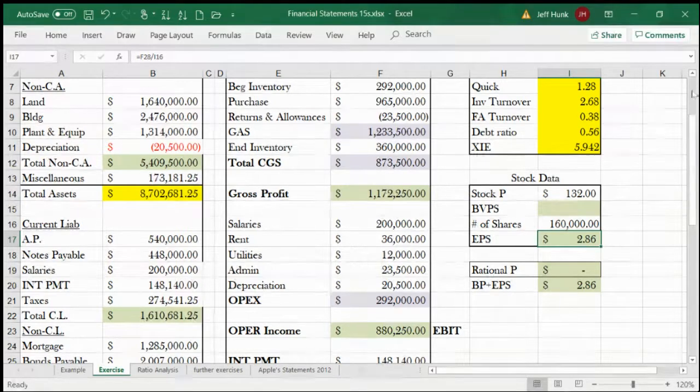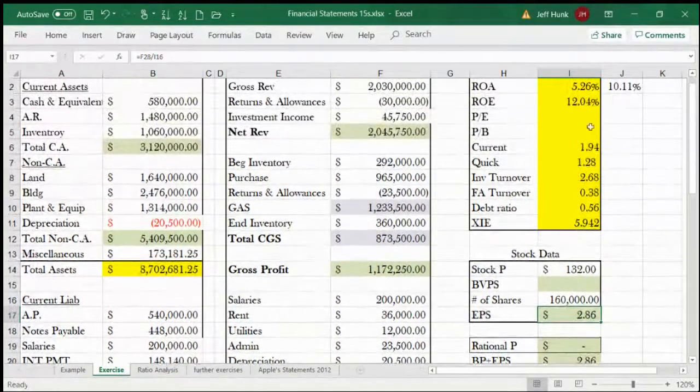And then the price earnings ratio, that's the market price over earnings per share. Oh, okay. That looks relatively high, but once again, you have to compare it with the industry average.